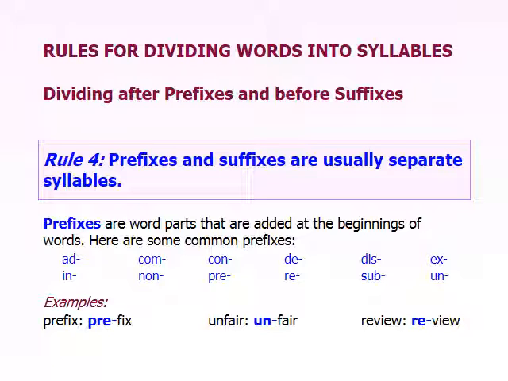So when you see these at the beginning of a word, you're going to divide that prefix. So the word prefix is actually an example. We have pre, and we're going to divide after that one. Unfair, un is the prefix, so we divide after the un. Re is the prefix, so we divide after review, after the re part.